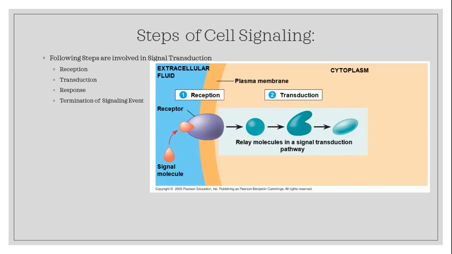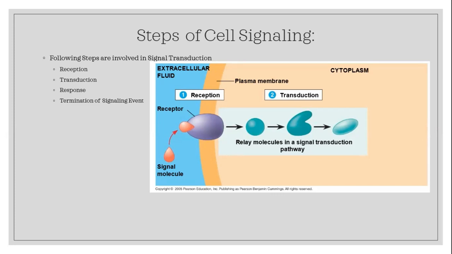The second thing is that once the receptor has bound to the signaling molecule, the receptor undergoes conformational changes. It changes its shape, and that conformational change leads to relay of the signal into the interior of the cell.